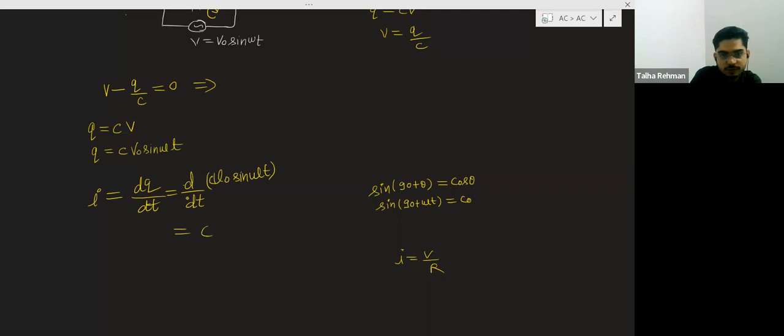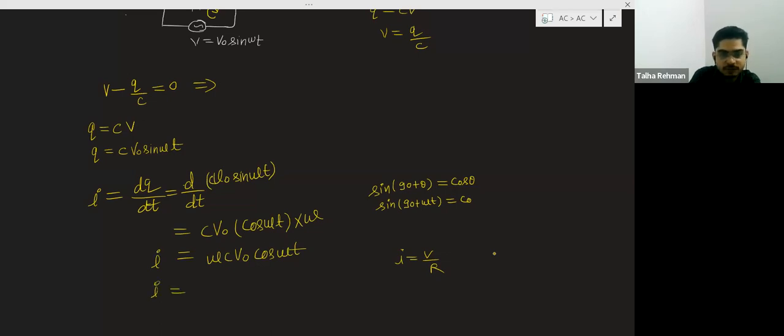So C and V naught will be taken as common, and the differentiation of sine omega t, this is differentiation, not the integration, is cos omega t into omega. So you will have omega C V naught cos omega t. This is the equation of the current.